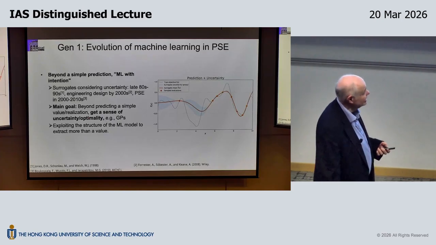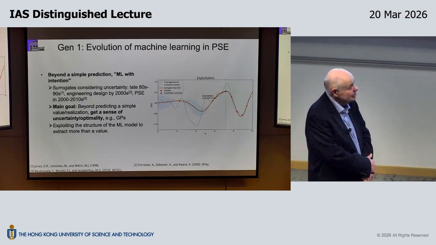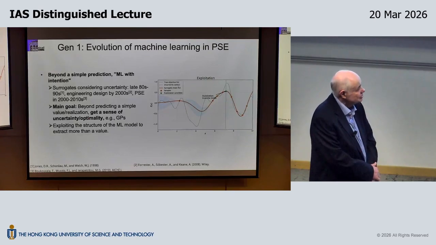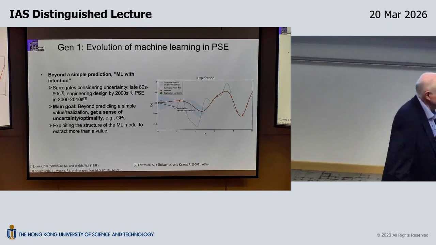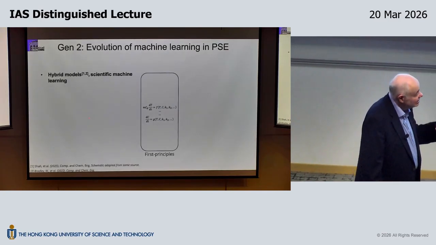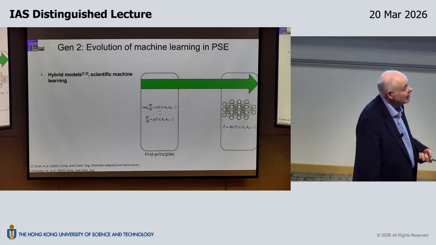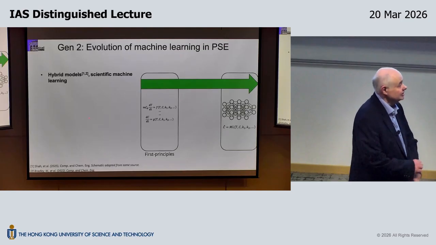Okay, based on that, how can we get better than that? Well, what we're doing in this case is we're going to say, great, there's the evolution of the truth model, but what I know is that there's some physics involved. I don't know the entire truth model, but what I do know is that I have some physics here, first principles, and then over here I have some data that I can fit with a neural net, machine learning, okay?